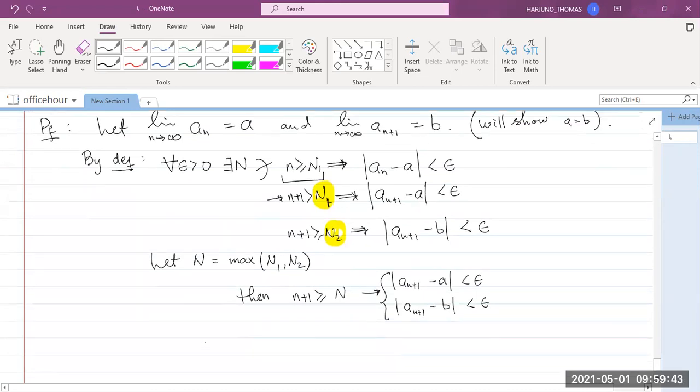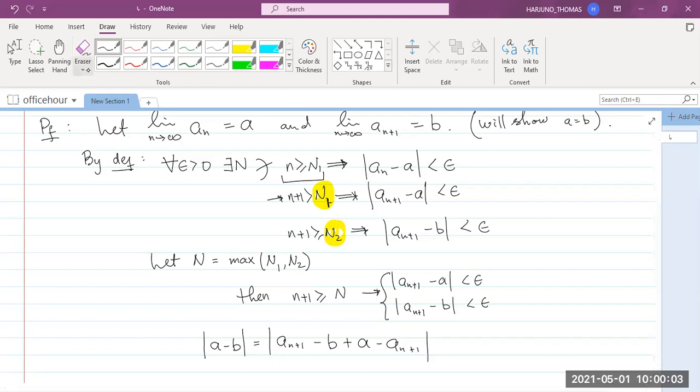Now, what happens to the absolute value of A minus B? The absolute value of A minus B is the absolute value of A minus a sub n plus 1, plus a sub n plus 1 minus B. Maybe I write it the other way around. Let me erase.